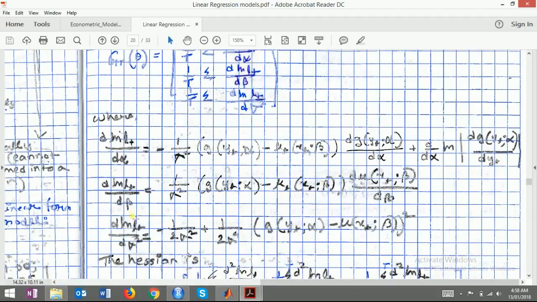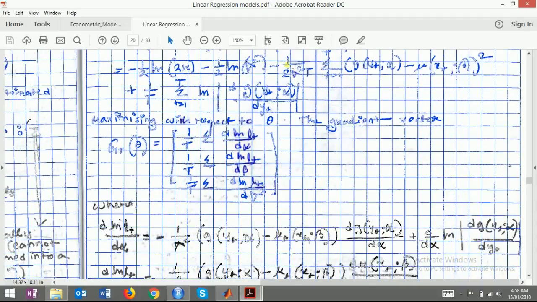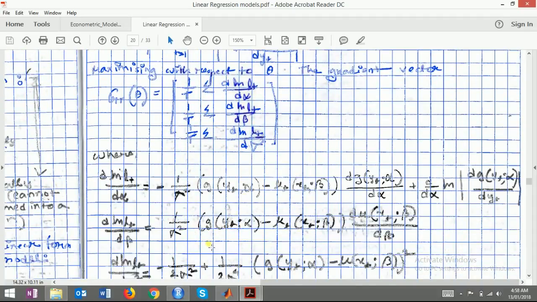So d by d beta of log LT is 1 by sigma square, so we are remaining with 1 by sigma square, and simply just like earlier, the nonlinear functions' differences multiplied to d by d beta of mu of xt, beta, because this has both the dependent and independent nonlinear functions in them.